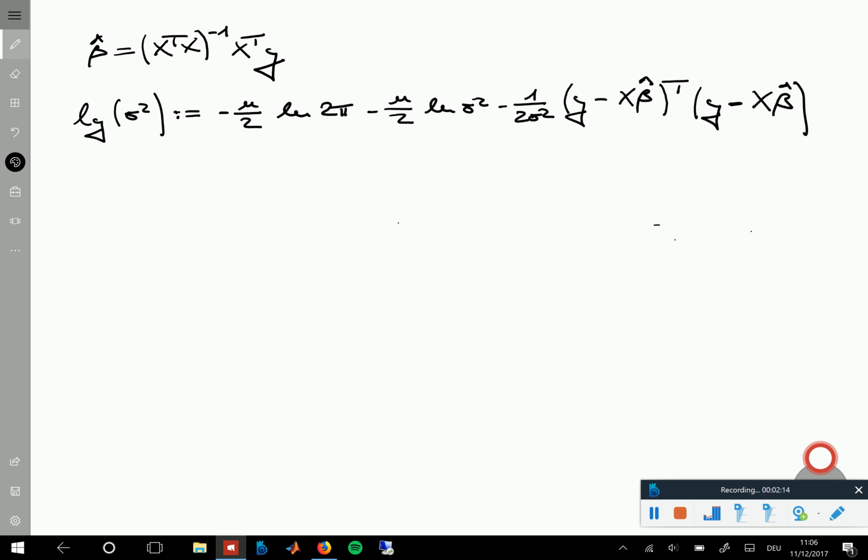This has some shortcomings in the sense that this is, of course, only an estimate. And now we derive another estimate based on already an estimate. And this actually then later on leads to the fact that the maximum likelihood estimator for sigma square is actually not the best that you can do.